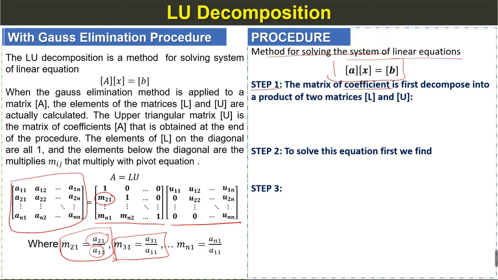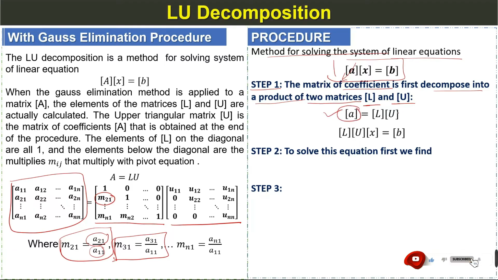The matrix of coefficients is first decomposed into a product of two matrices, a lower triangular matrix and an upper triangular matrix. So here A is decomposed into the lower triangular matrix and the upper triangular matrix. Both these matrices are square matrices, like A is a square matrix. So we replace A with the lower and upper triangular matrices.